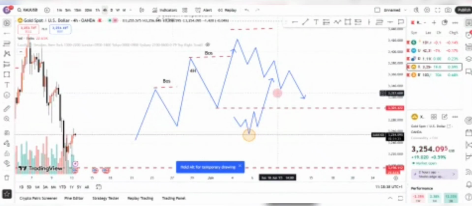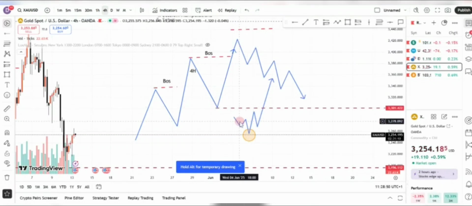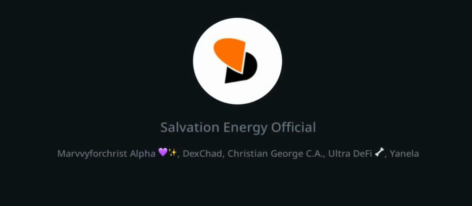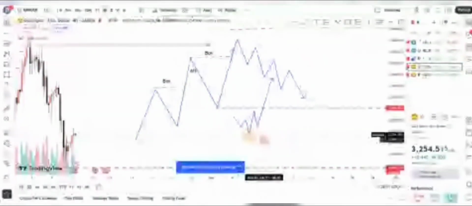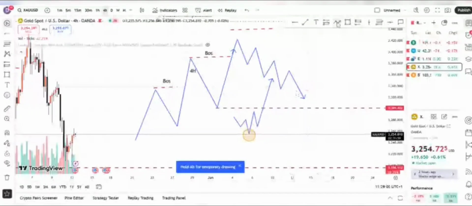So am I still explaining? Yes, I'm still explaining. If you observe here, price retraced, coming down, getting to this point, and then moves. This is my entry model 1, and there's entry model 2. Now entry model 1 is this. At this point here, let me expand that and make it very big for you guys to see.